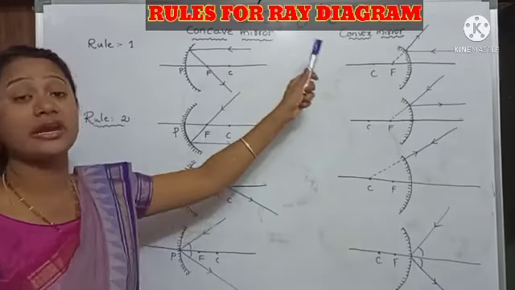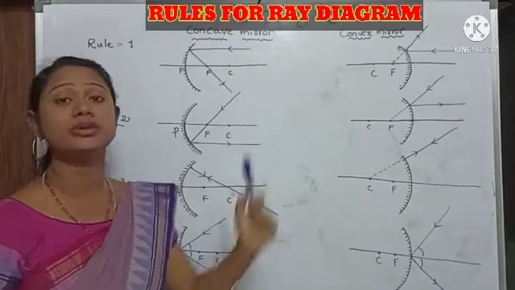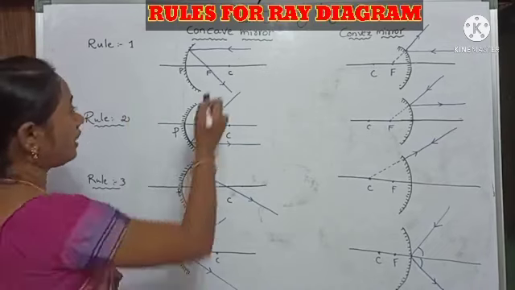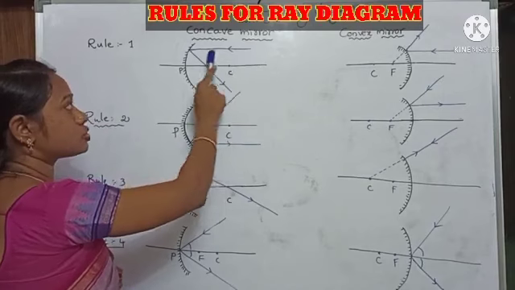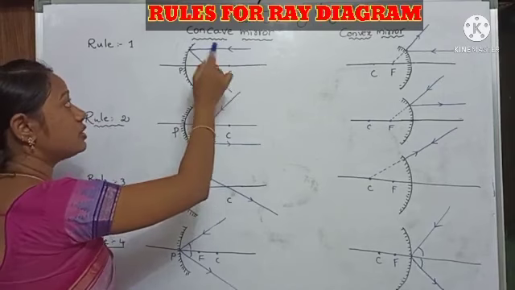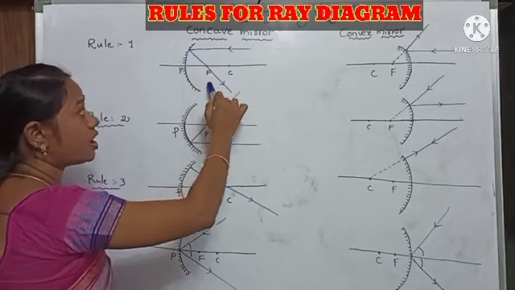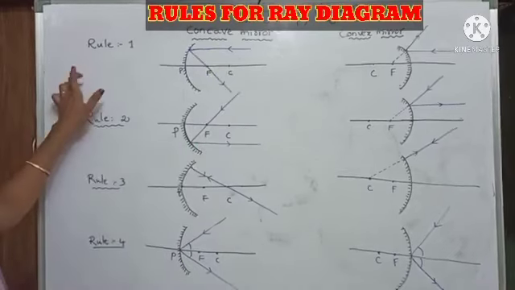Rules for the ray diagrams. There are 4 rules for the concave mirror and the convex mirror. Rule 1. When a parallel light is incident on the reflecting surface, the light reflects by passing through the principal focal point. This is the first rule.